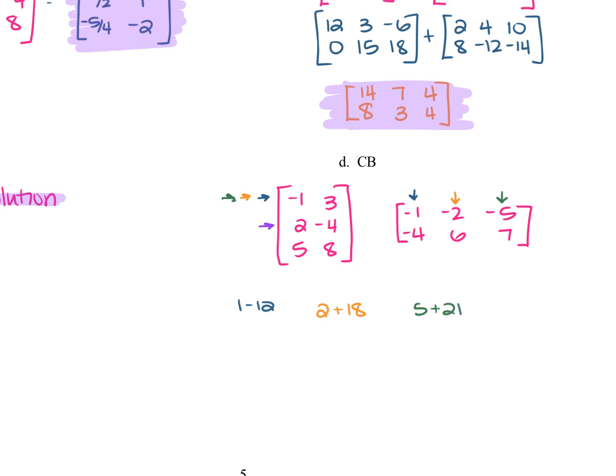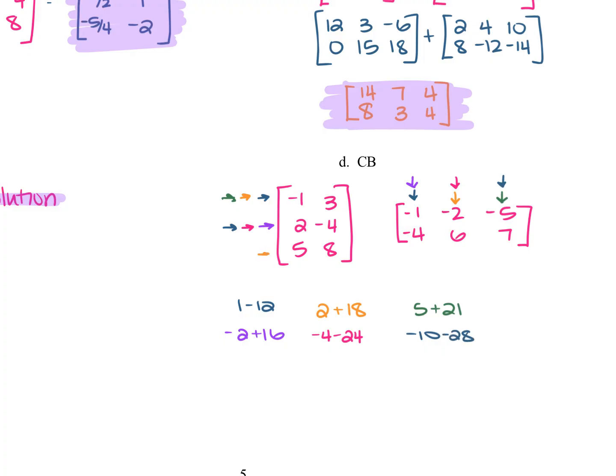Then second row, first column, 2 times -1 is -2. -4 times -4 is +16. Then second row, second column, 2 times -2 is -4. -4 times 6 is -24. Then second row, third column, 2 times -5 is -10. -4 times 7 is -28.